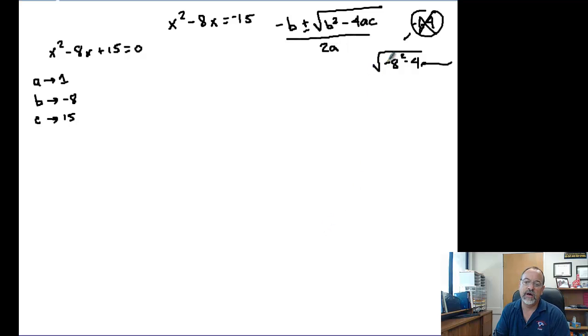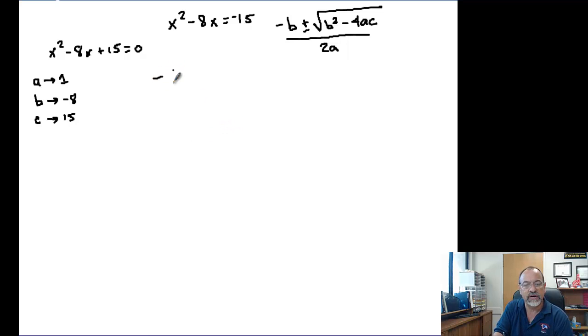Because it's not the opposite of 8 squared like you have it written. It's actually the number negative 8 squared, which is going to be positive. So a way to protect yourself from making that error is to go through and write parentheses for every letter and then go back and put the numbers in, and that way you'll have less chance of losing a negative sign.